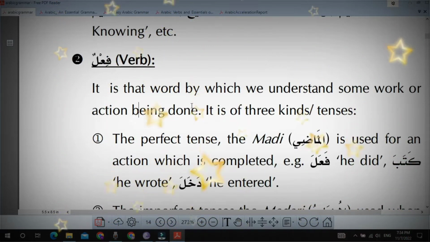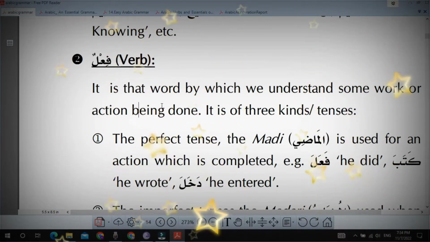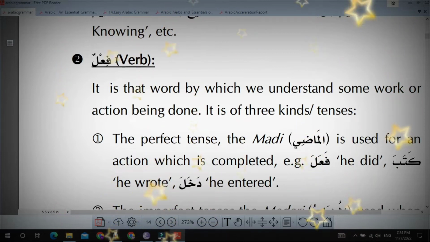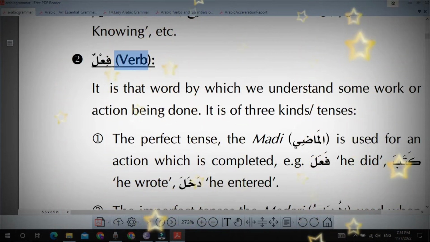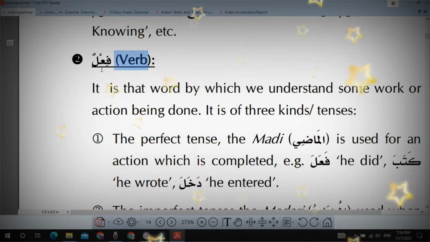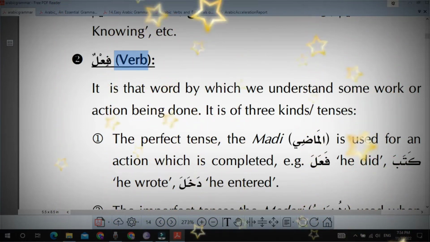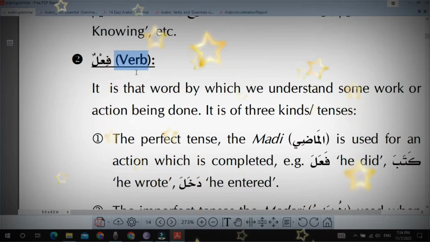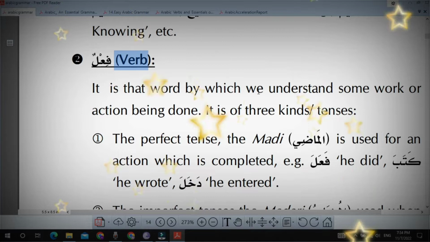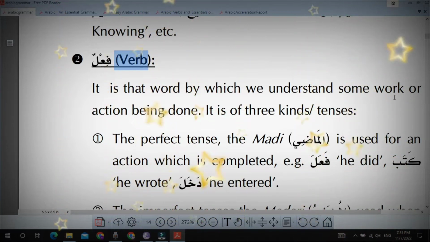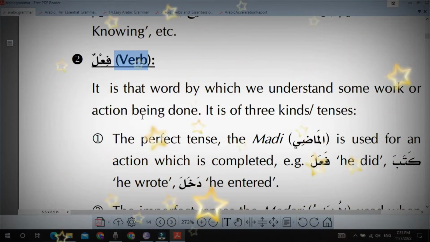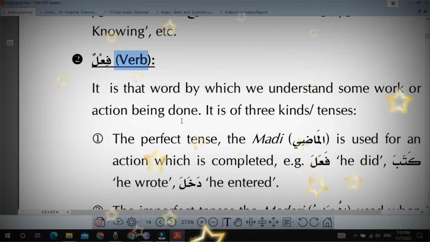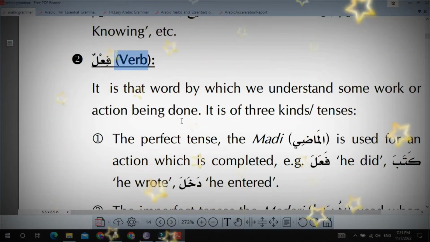Let's start. The second part of the term Kalimah is verb. It is called in Arabic fi'lun. Fi'l is actually the word by which we understand some work or action being done. It is like verb in English.